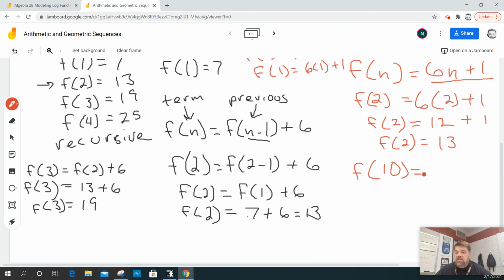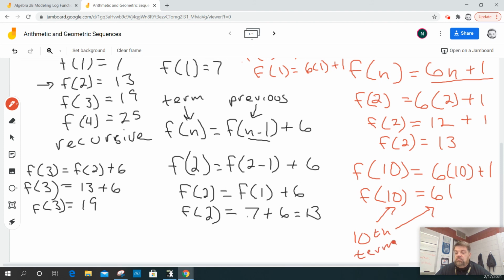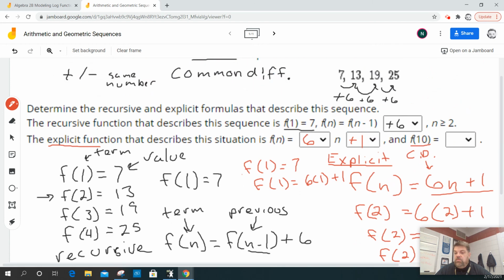So f of 10 is equal to 6 times 10 plus 1. Well, that's just 61. So what that is saying is that my 10th term will have a value of 61. So up here, we would just say that value is equal to 61.